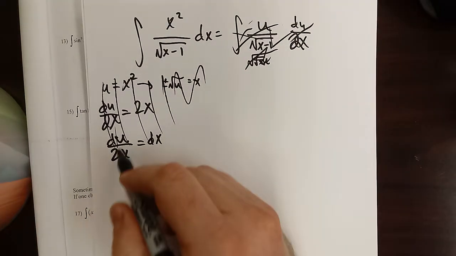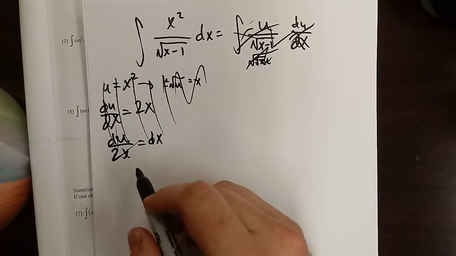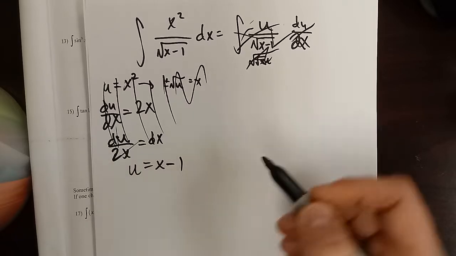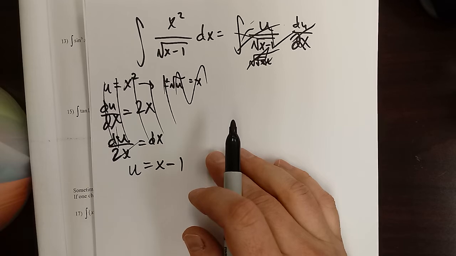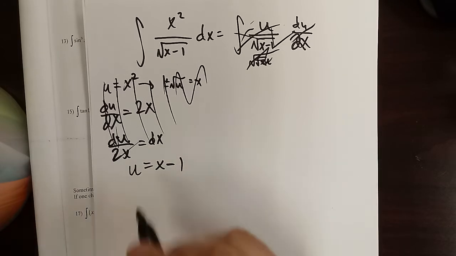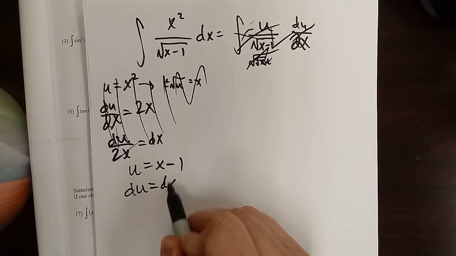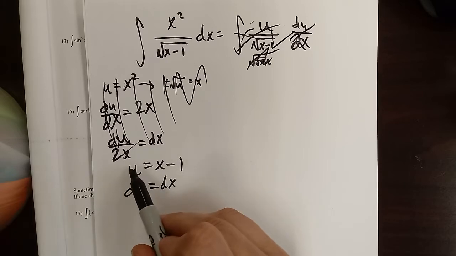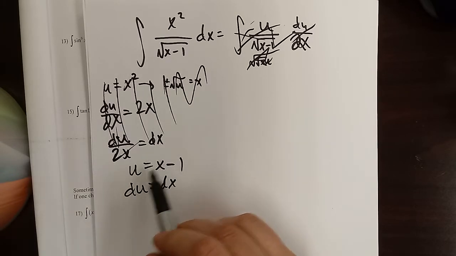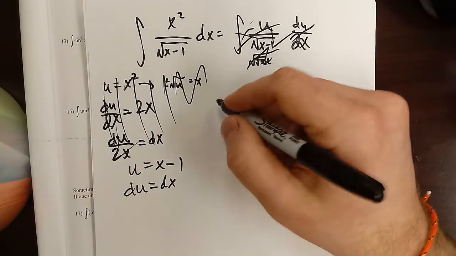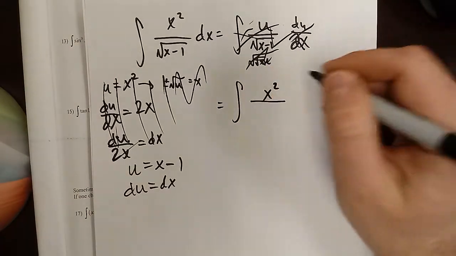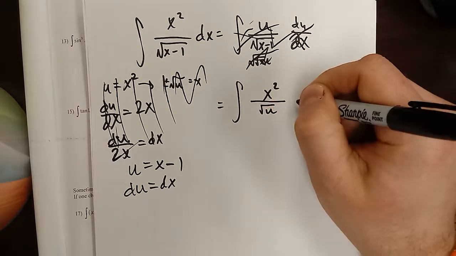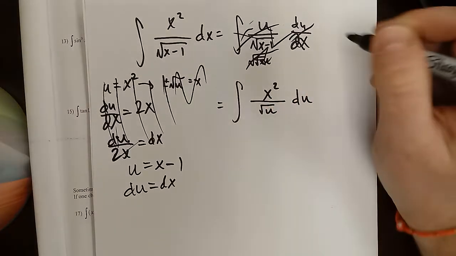Maybe I should make u equal to x minus 1. And initially, you might say that's a bad idea. Okay, take the derivative, you get du dx is equal to 1, then multiply. Yeah, okay, so let's try this substitution. x squared, square root of u, du.